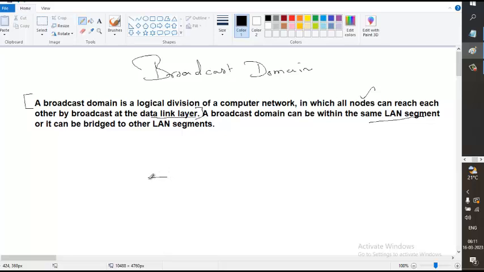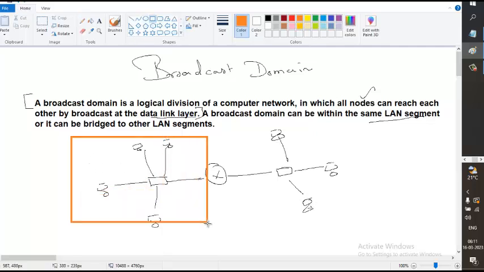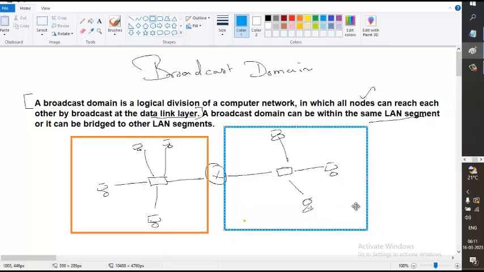So when I have some devices connected, now this is a broadcast domain. This one is another broadcast domain.